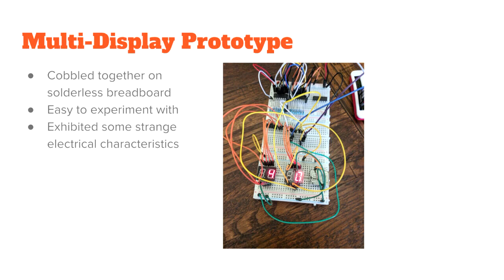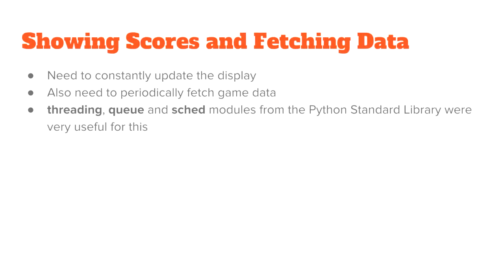So when certain numbers were shown on the display, the other half of it would light up in weird ways. So when I shortened my wires, the problem went away. I think there are actually correct ways of solving that, which I have not done. I think they involve capacitors or something. But in any event, that's a lot about the hardware.